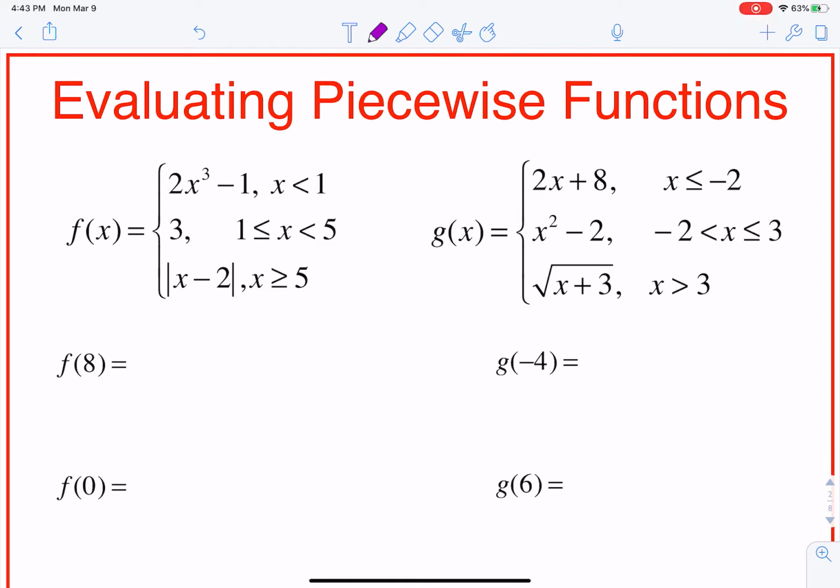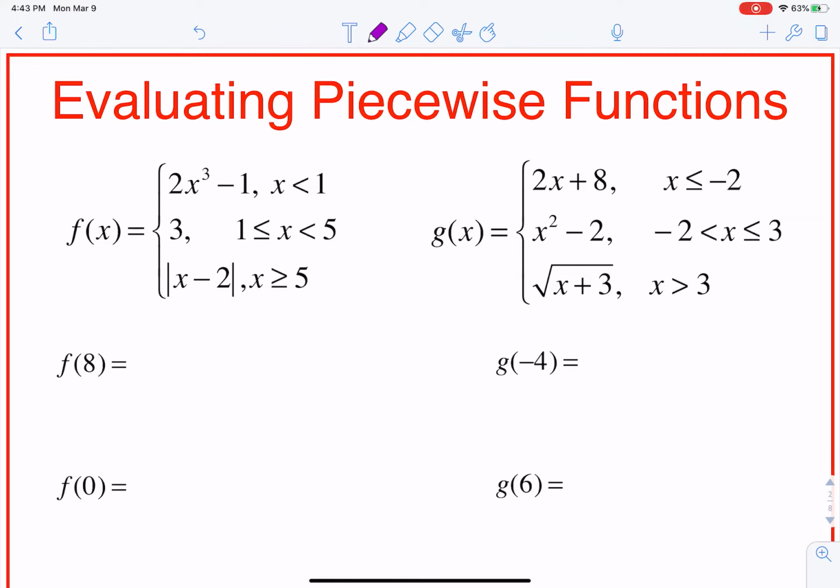So for example, if we were evaluating these piecewise functions, if I wanted to evaluate f of 8, the first thing I would need to figure out is which chunk of my piecewise function this belongs to.